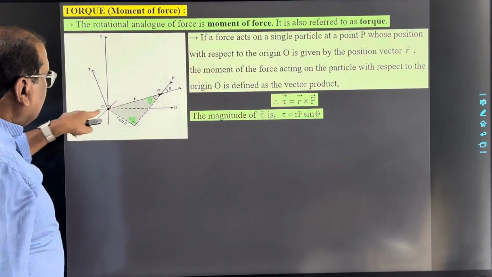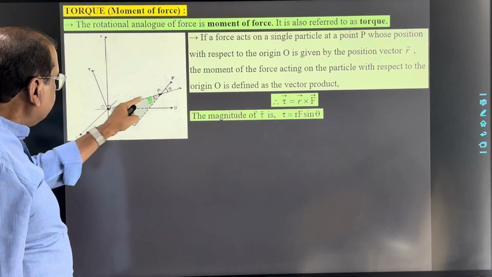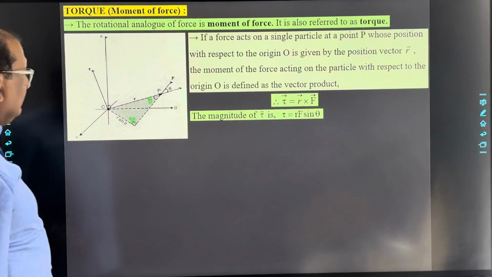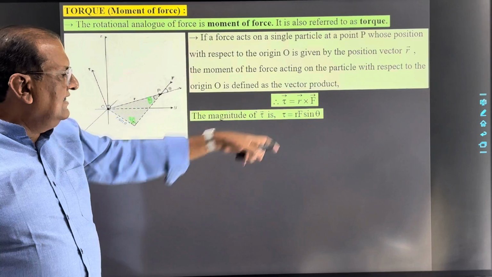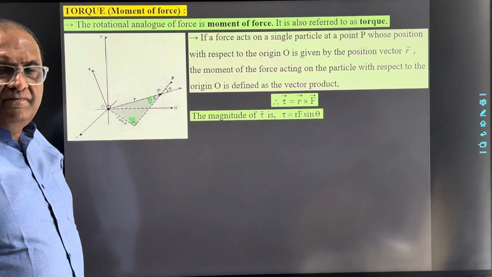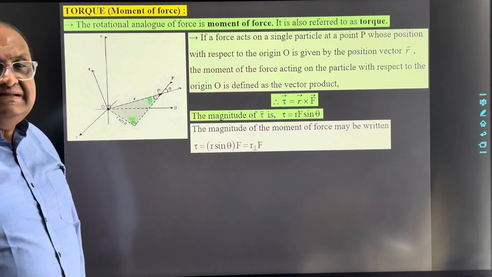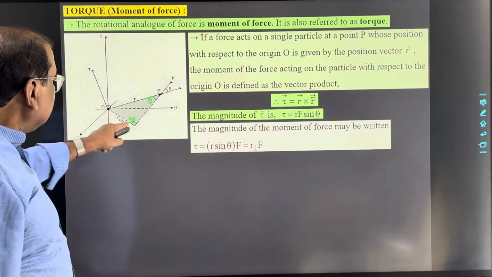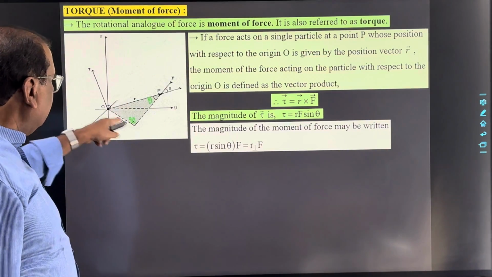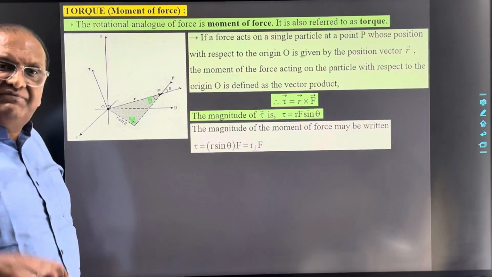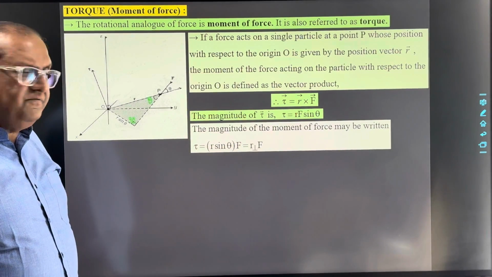Now R is the hypotenuse. So the side opposite to theta is represented as R sin theta. So if you arrange this as tau equal to force F into R sin theta, then R sin theta is nothing but the perpendicular distance of the force with respect to this reference point. Reference point is the origin.